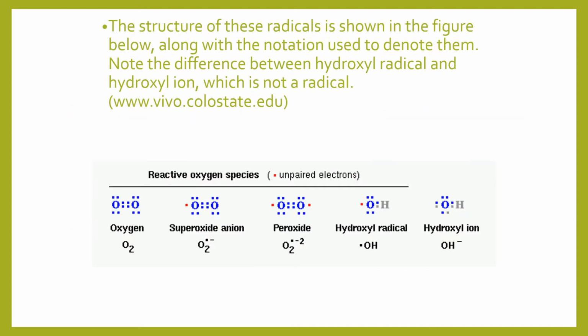Here you can see all these different oxygen species and how oxygen actually appears. Most times we see it as oxygen, O2, but we have peroxide, where it's O2 but with a 2- charge, and it makes it very reactive.